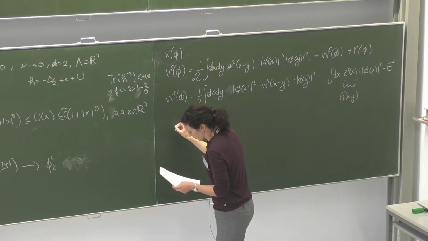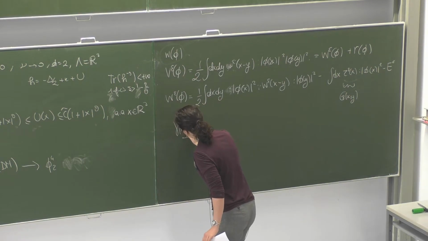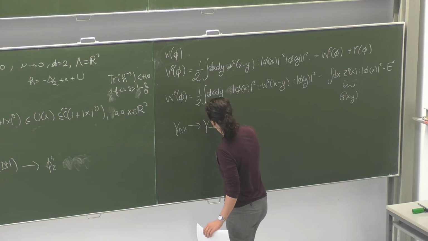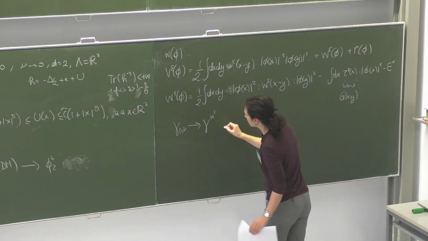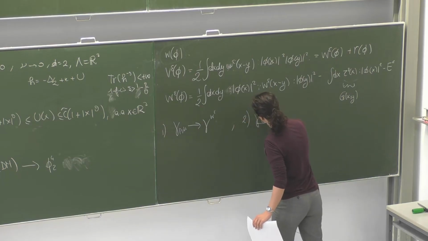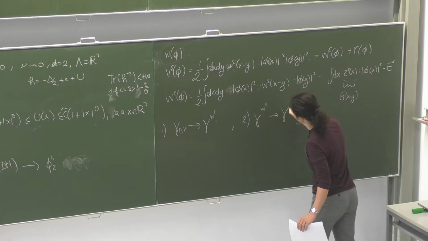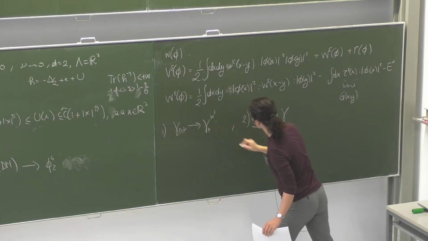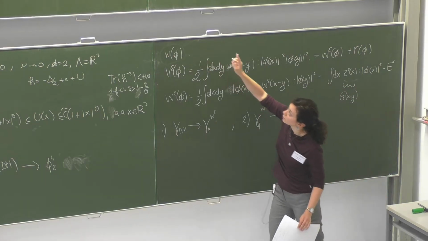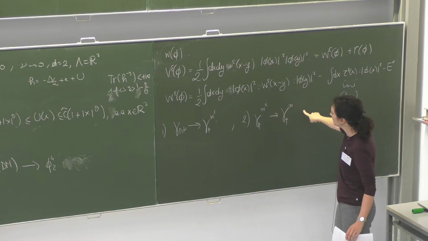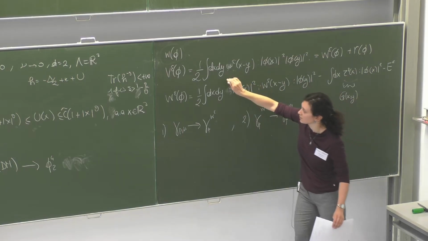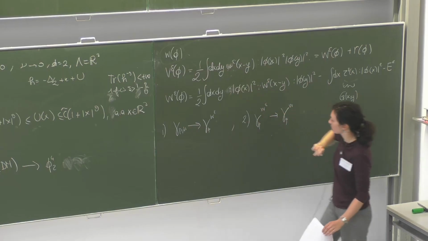So first, what we do is to compare the quantum correlation function with the correlation function associated to the potential W epsilon. This is the first step. And then you want to compare gamma W epsilon to the local one, this W phi defined above. And to do this step, you actually pass through this V epsilon.